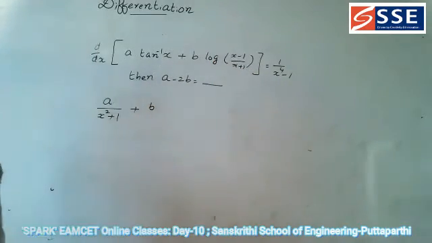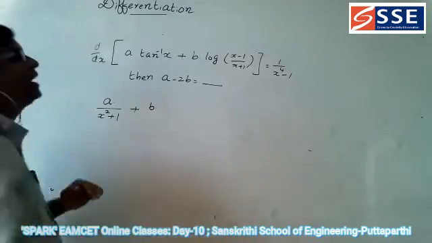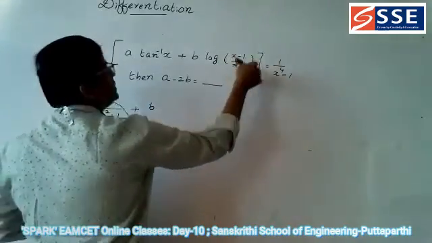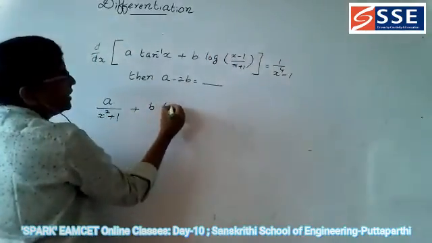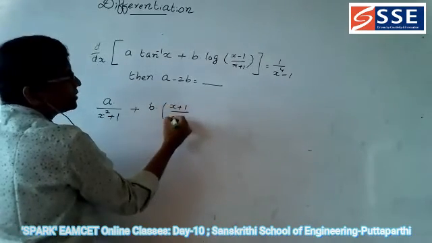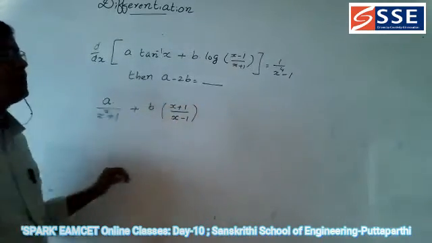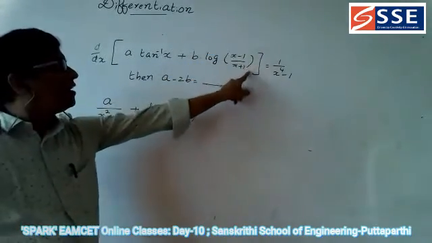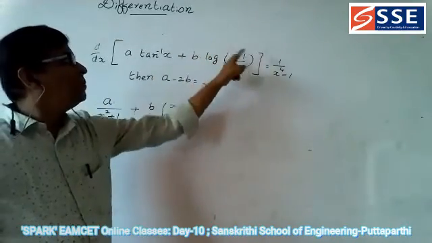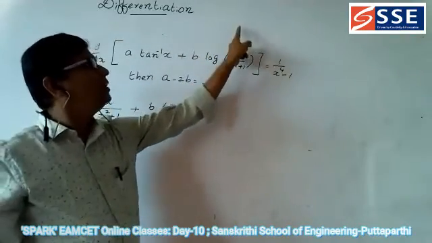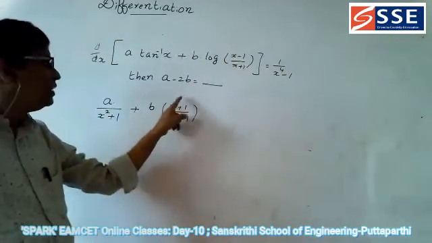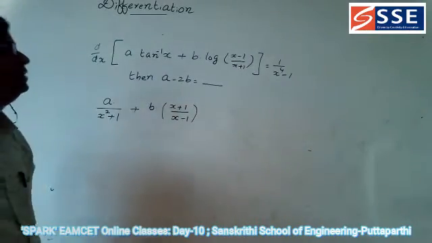Differentiation of log x is equal to 1 by x. 1 by this term means I will take this as x plus 1 divided by x minus 1. Log x is equal to 1 by x. 1 by this term means numerator becomes denominator, denominator becomes numerator: x plus 1 by x minus 1.